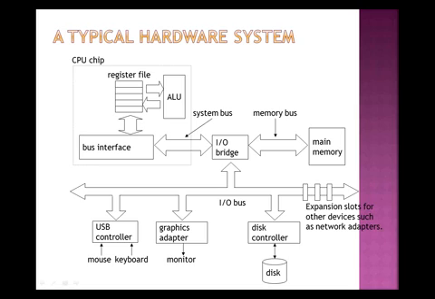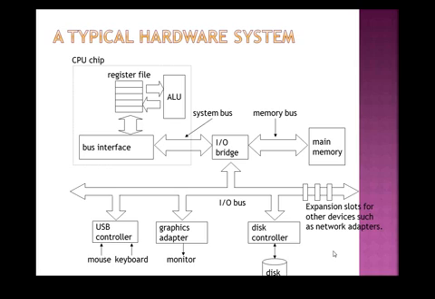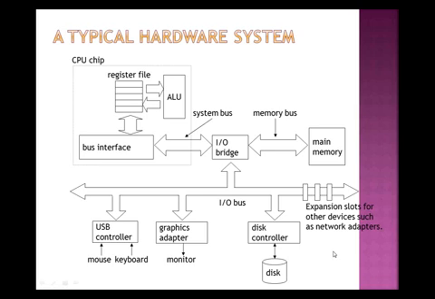There is a main memory and a memory bus, then the input output bridge. The memory bus is required between the main memory and the input output bridge. Then there are the expansion slots, such as network adapters, the extras that increase the functionality of the system.